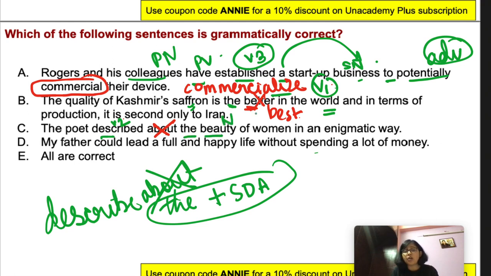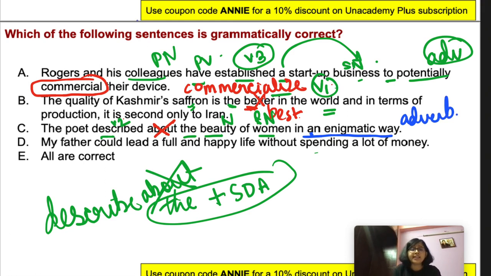So beauty is a noun, of women, plural noun, in an enigmatic way, a plus singular noun. Way. And here this entire phrase, in an enigmatic way, acts as an adverb for the verb described.